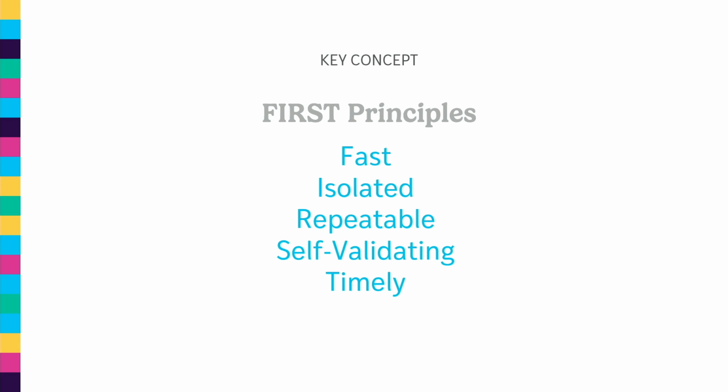Repeatable, so if you're testing with a date, you should have a set date. It should be able to be repeated all the time and not have things thrown in that could throw it off. So it's like, given this scenario, this is what happens. Self-validating, so it should just tell you if it passes or not, basically. And timely, so ideally you want to be writing tests at the most useful point in development for yourself as part of the process.